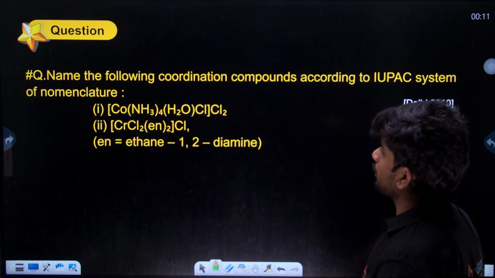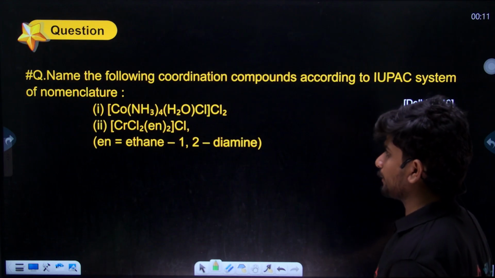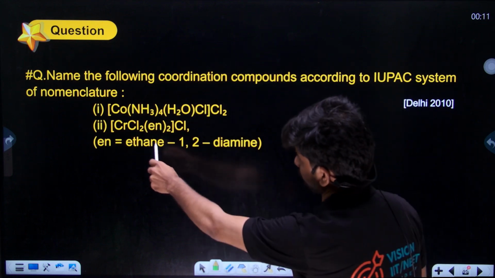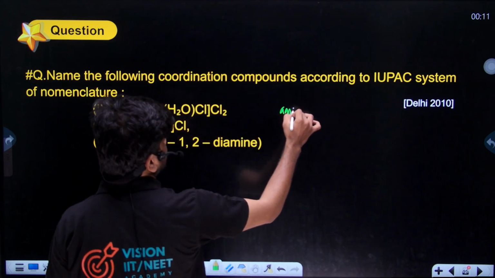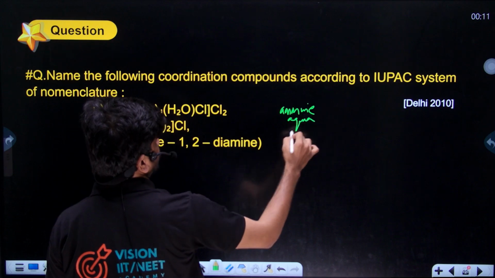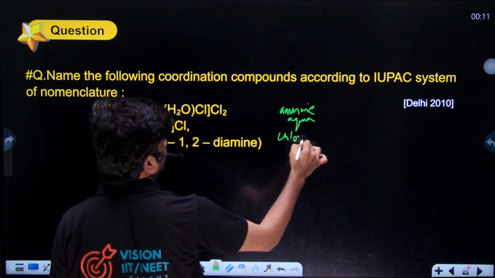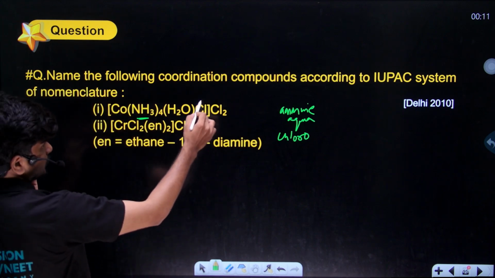So name the following coordination compounds according to the IUPAC system. You identify what is there here. Ammine part is there. You write the ligand names first. Ammine is there. Next aqua. Next chloro. So this is nothing but chloro, because this is your anionic part.